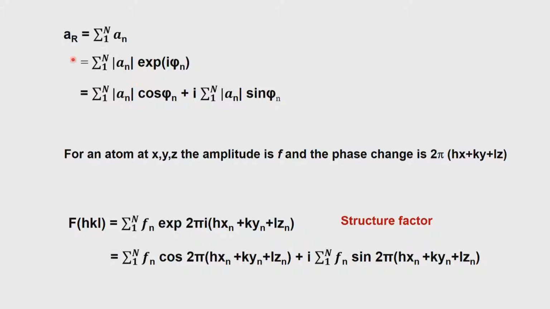So, you see that this resultant is the representation of F of hkl. We can write the sum over 1 to n as a real part plus i times the imaginary part.